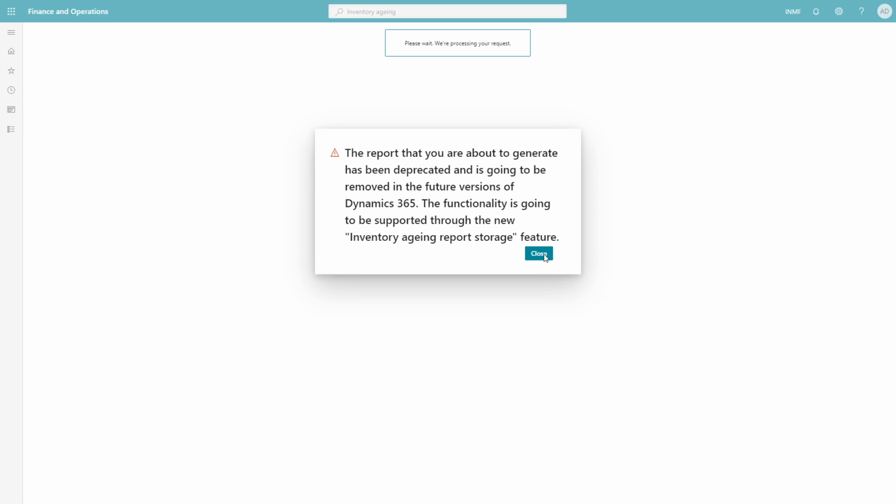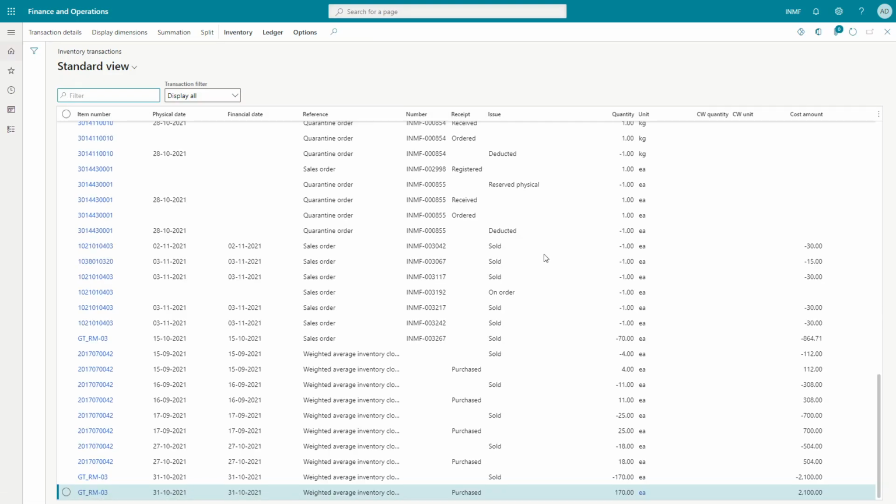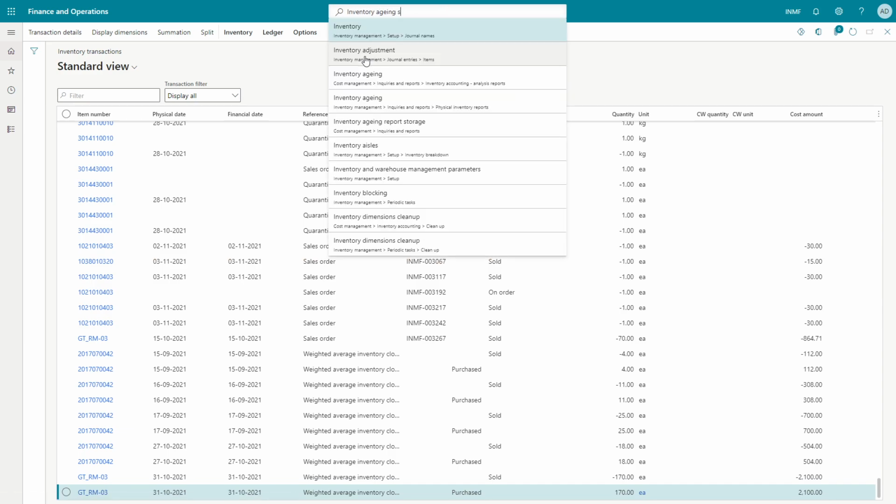On this feature, we have a separate video also. This feature is enabled and hence it is saying that we cannot run the old report. Okay, so now I'm running inventory aging report storage.